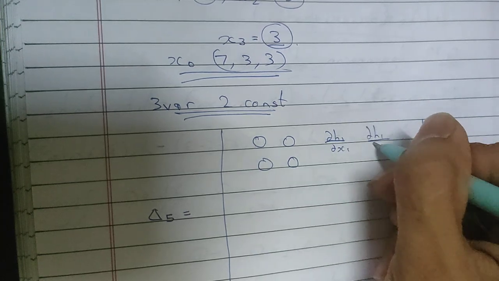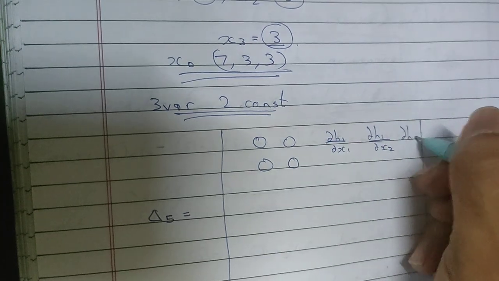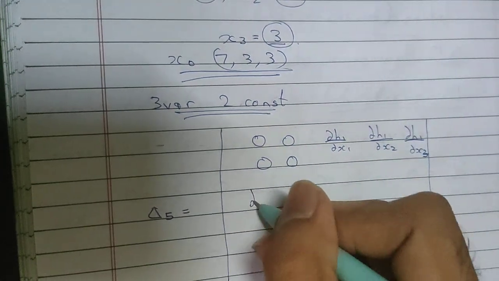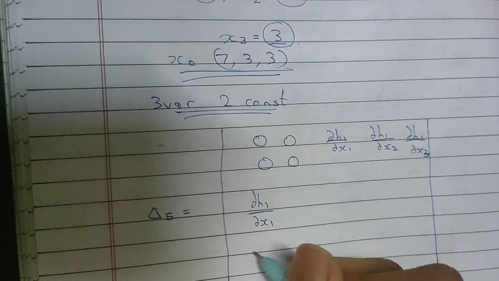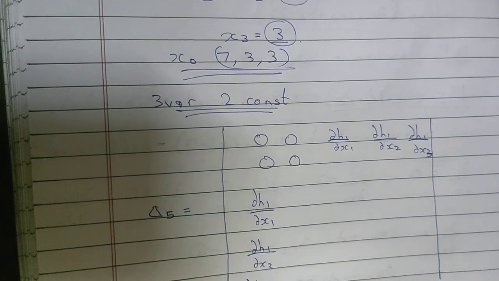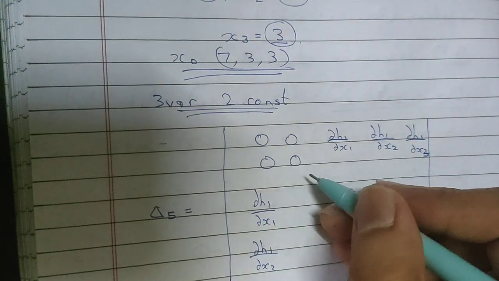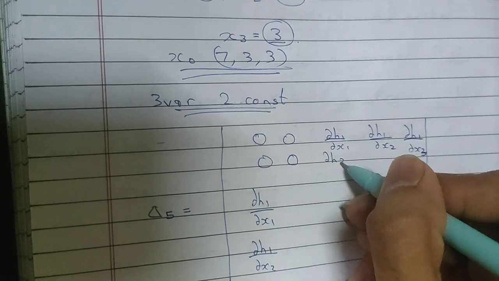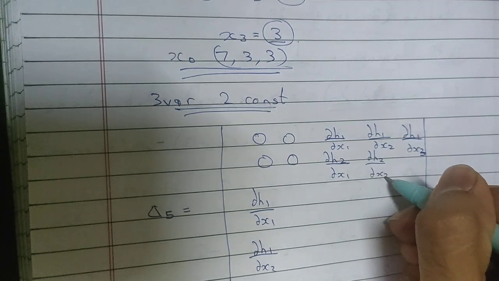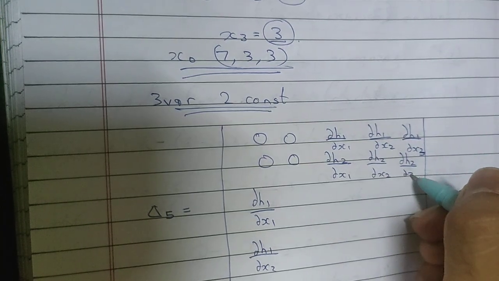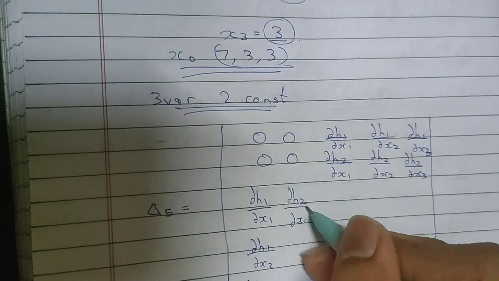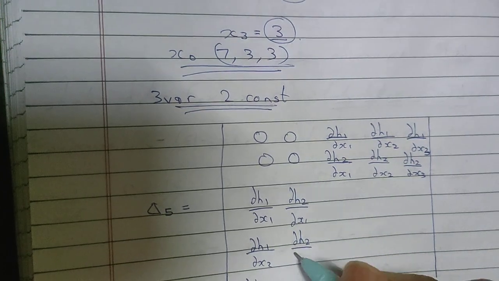Then differentiation with respect to the constraint 1, x1, x2, x3, and the same thing will be repeated vertically here. We also have a second constraint, and that will also be repeated vertically just as it is there.